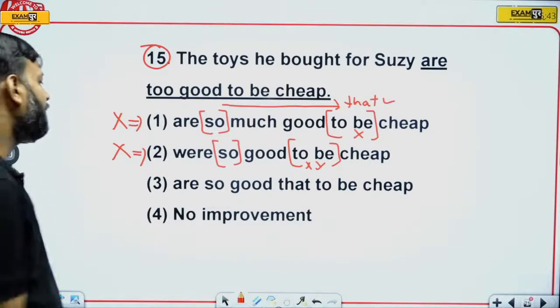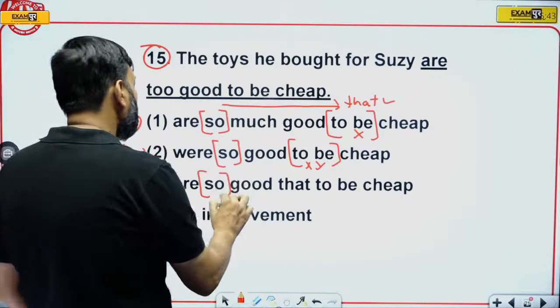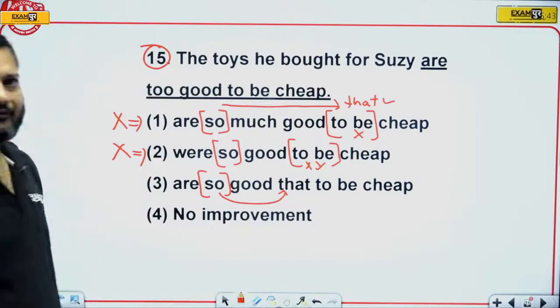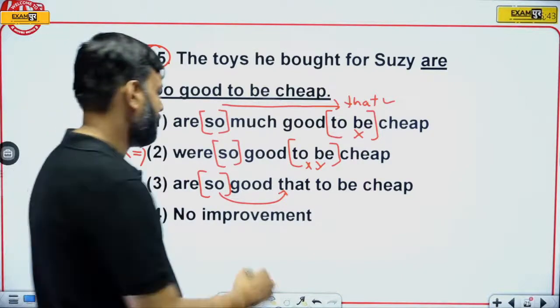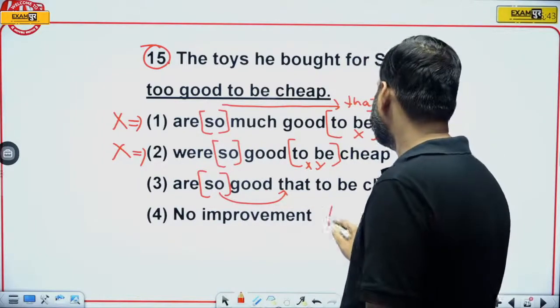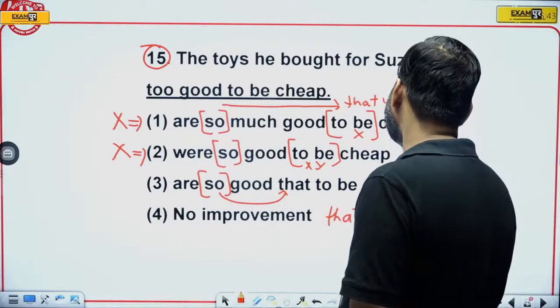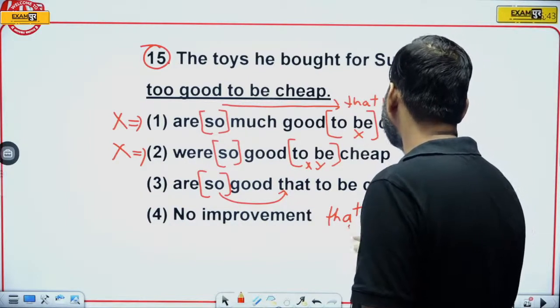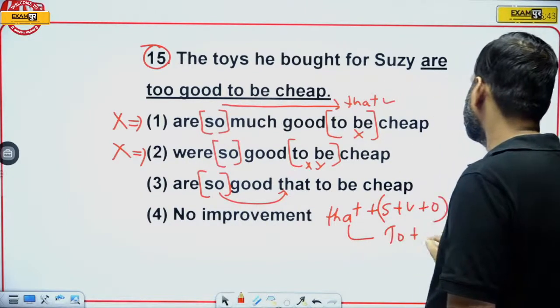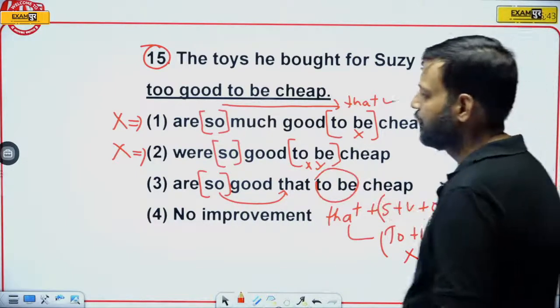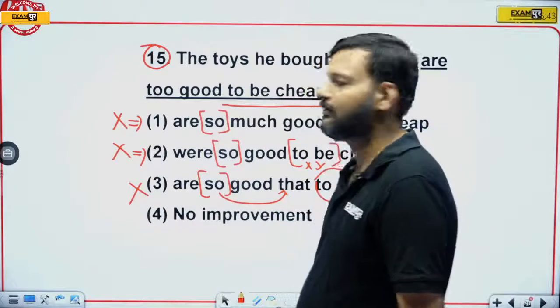And here we do have "that" after "so", and "so" is followed by "that", true, but "that" is followed by a clause. It is not followed by to plus V1. Here we have to plus V1, so this cannot be the answer.